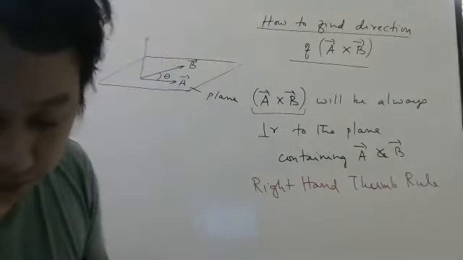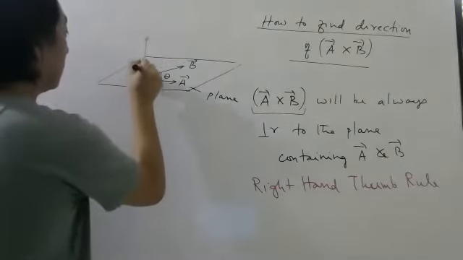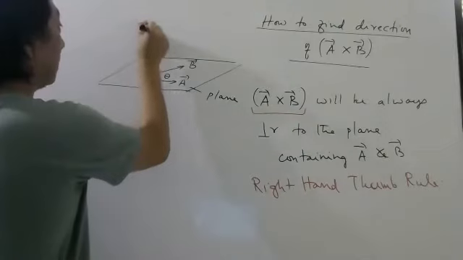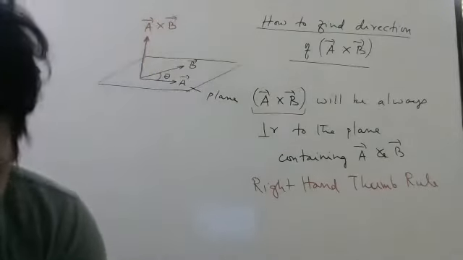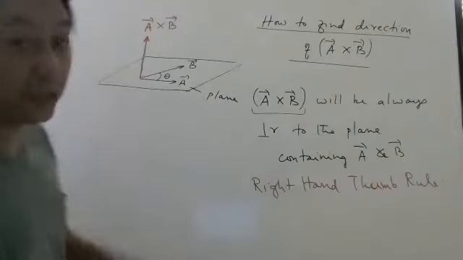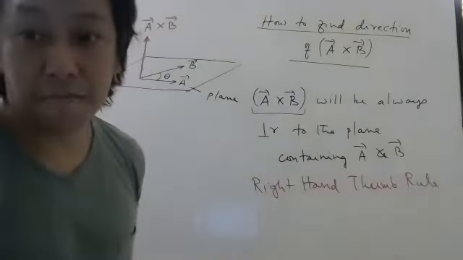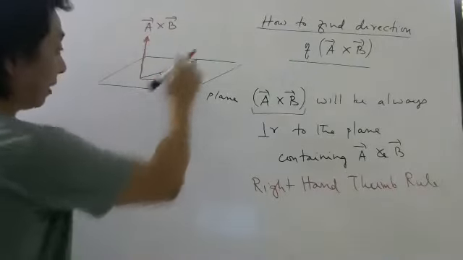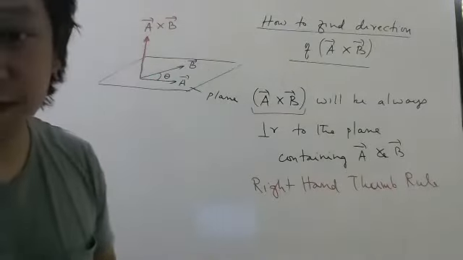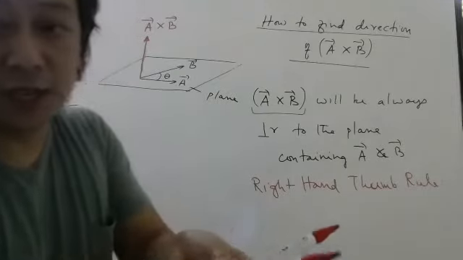So this will be the direction of A bar cross B bar. Can anybody tell me where B bar cross A bar will be? Suppose I want not A cross B, but B cross A. So let us do it again.